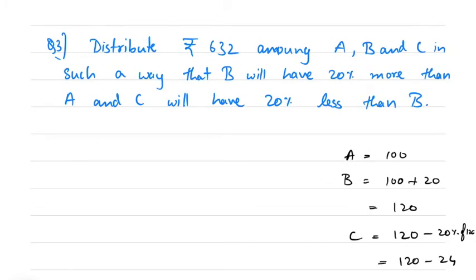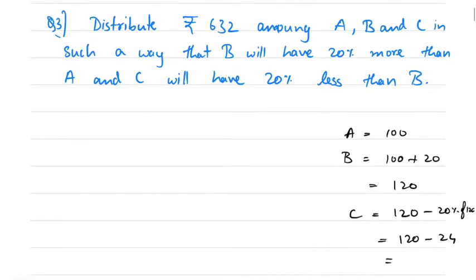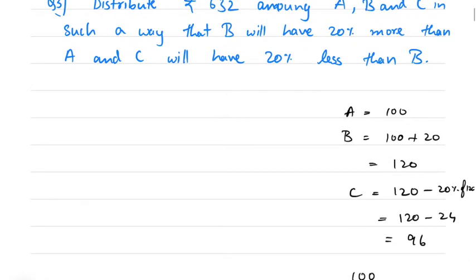So 120 minus 24 becomes 96. So the ratio is 100 is to 120 is to 96.